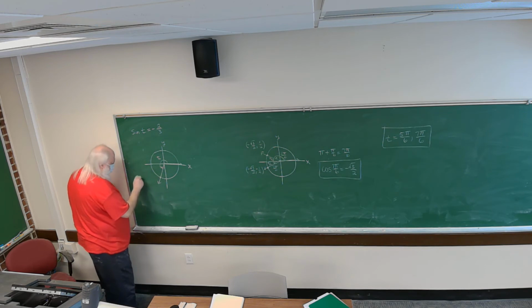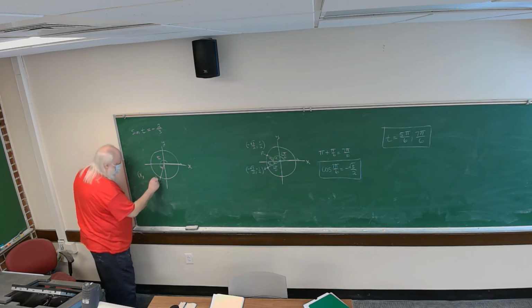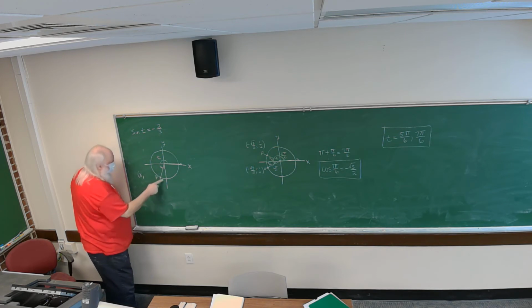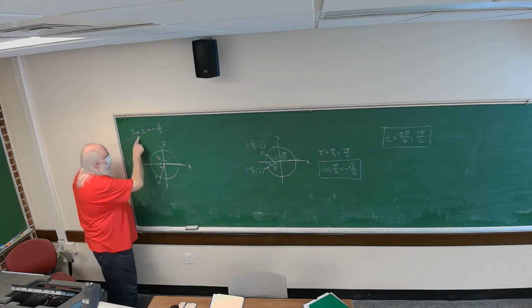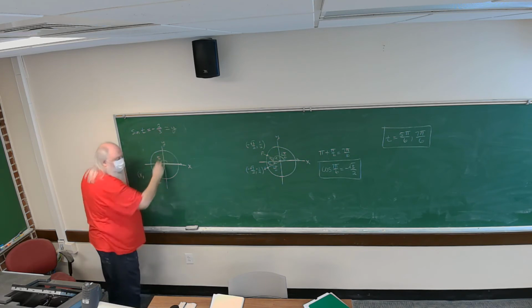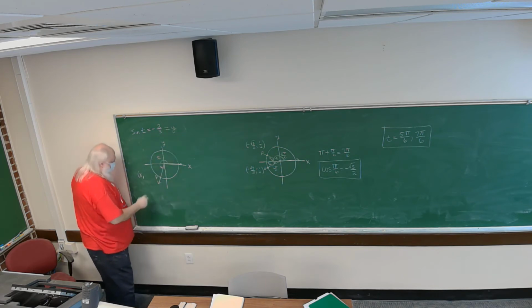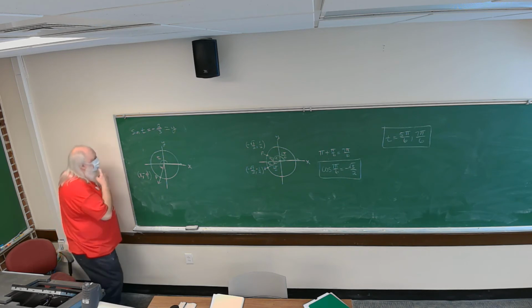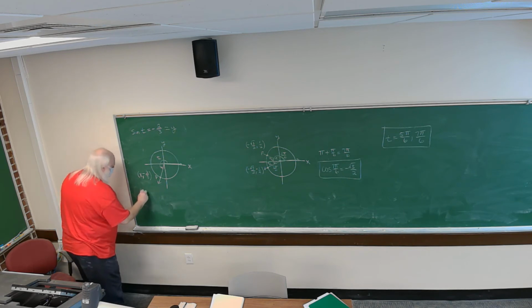And the terminal side goes through this point P. And the y-coordinate, because you know sine t is equal to y, the y-coordinate, we know is minus 2/3. The x-coordinate, cosine of the angle t, is equal to the x-coordinate.